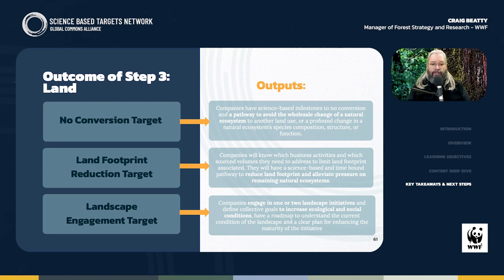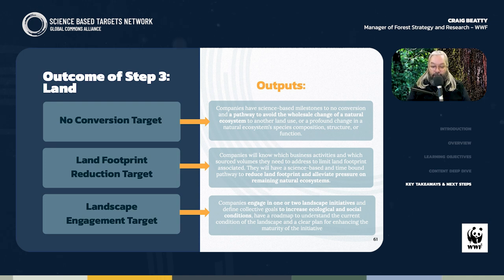Companies will know which business activities and which sourced volumes they need to address to limit land footprint associated activities. They will have a science-based and time-bound pathway to reduce land footprint and alleviate pressure on remaining natural ecosystems.